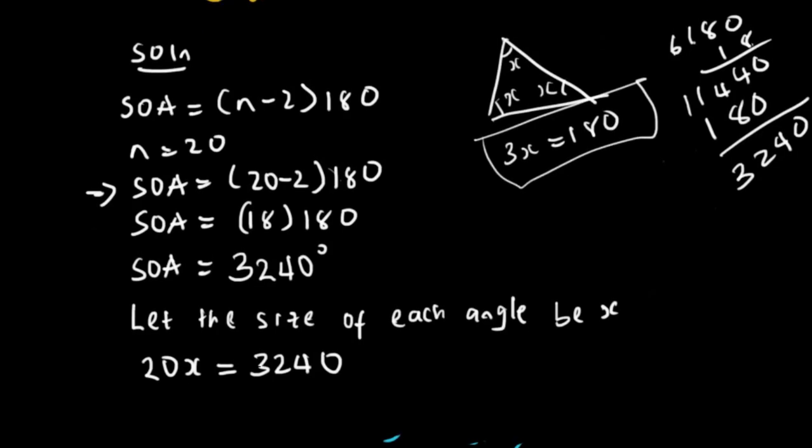So in this case, we have 20x equals 3240. Does that make sense? Now to find x, we divide both sides by 20. 20 here 1, 20 here 1.